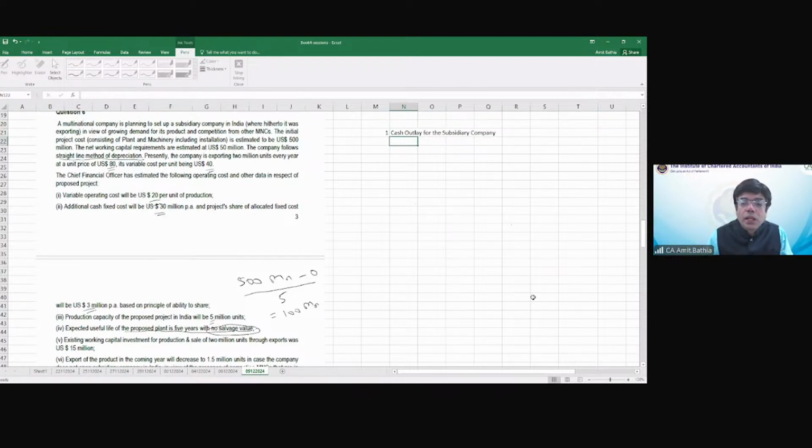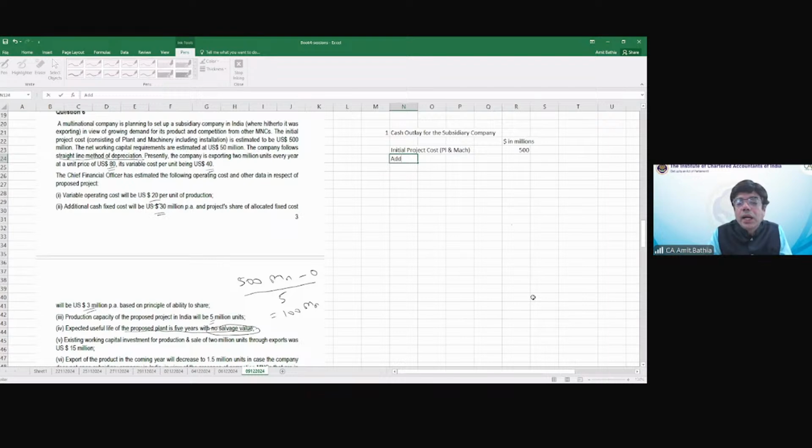How much will that be? I have to put in the initial project cost, consisting of plant and machinery and its installation. That is in US dollar millions, 500.